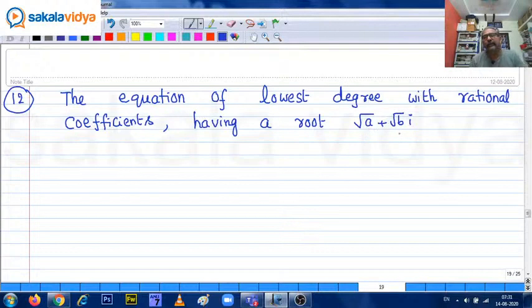Both real part and imaginary part are actually irrational numbers. This is a complex number.